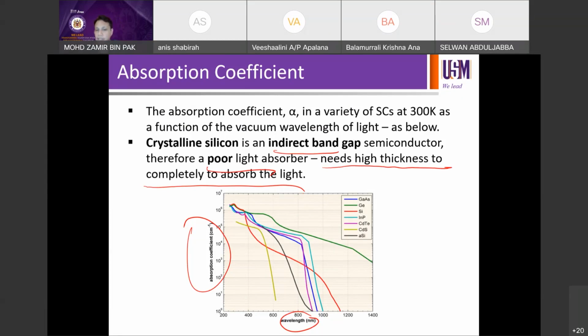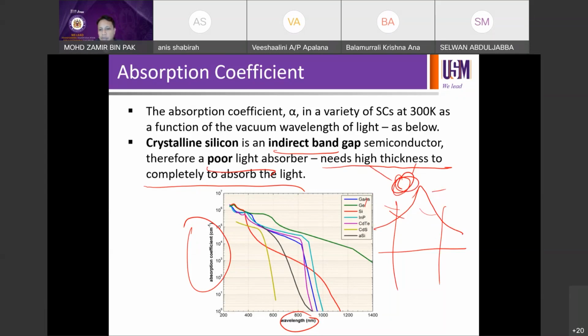So if you talk about the application for solar cell, then you're talking about absorbing the solar spectrum from the sun. Even though you can use a monochromatic light like LED white light or something, you can use that as well. But if you're talking about the sun, then you have UV, visible, and IR components.